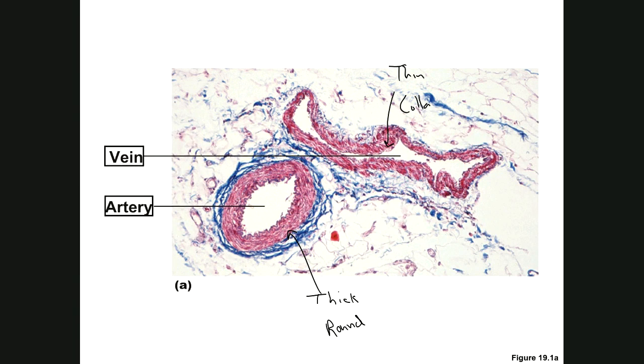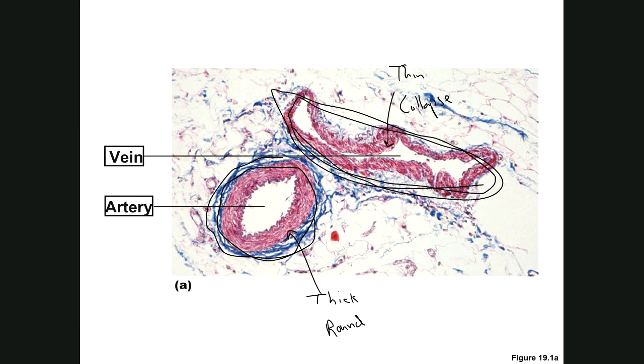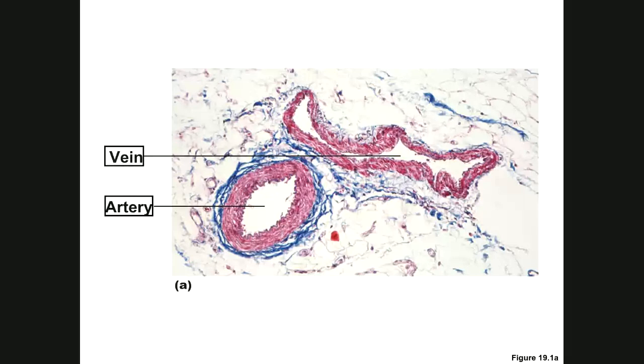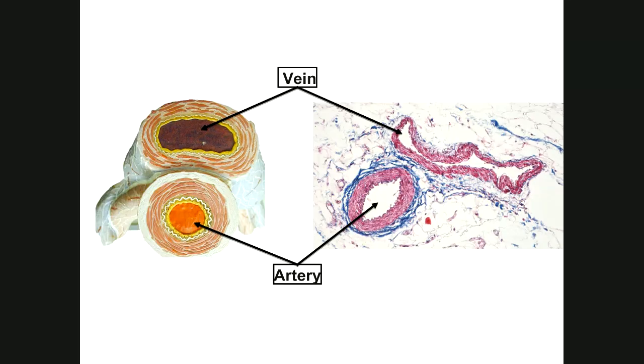And so when you look at them under a microscope, arteries are almost always round. And veins are almost always flat or oval shaped. So here's our model again. Look, it's round. That's the artery. And oval or flattened, that's the vein.